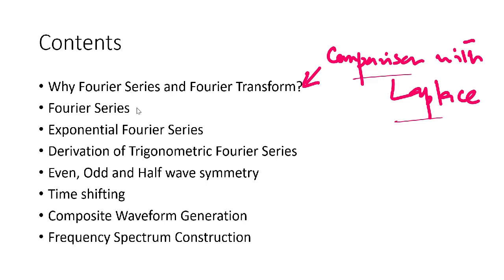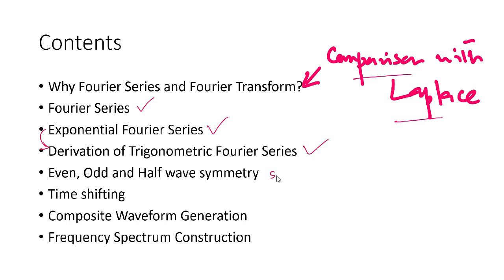After that, we will know something about this Fourier series. We will explain the connection of the Fourier series with the exponential Fourier series, and then we will derive the trigonometric Fourier series from the exponential Fourier series, and after that we will study some symmetries.